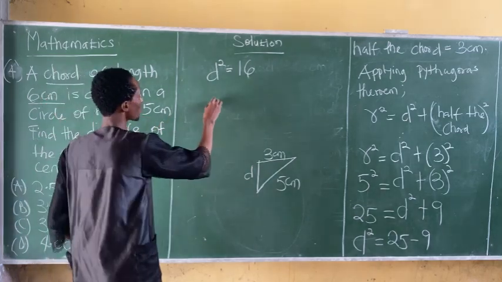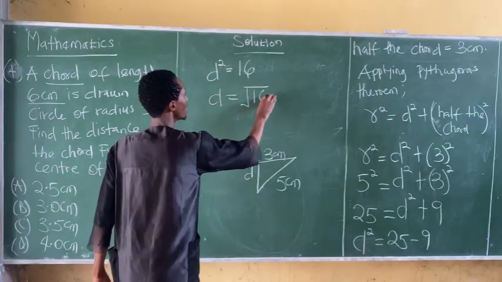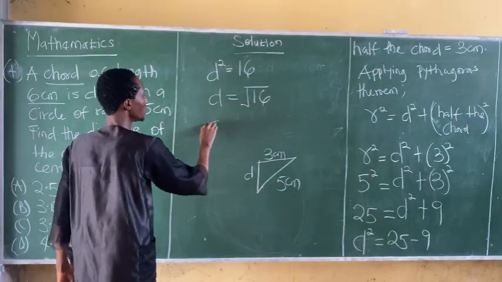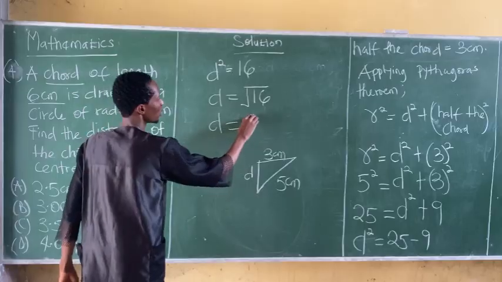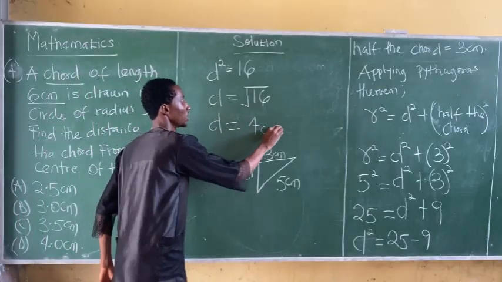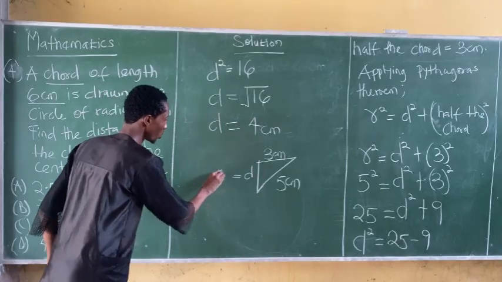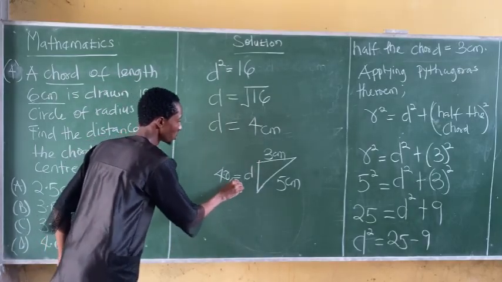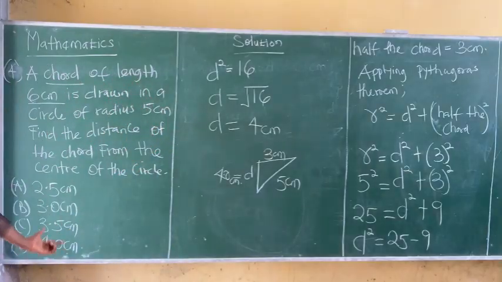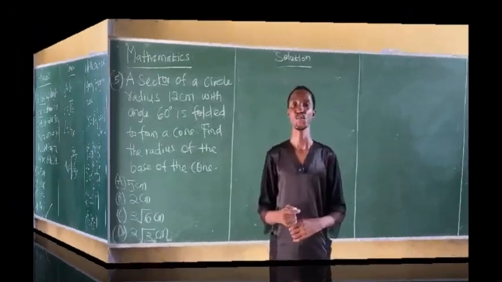If we do that, we have d is equal to the square root of what? 16. Square root of 16 will give us what? 4. The unit remains what? Centimeter. Therefore, this distance from here to here, d, is equal to 4.0 cm. Let's come to our options and pick the correct option. From the options here, the correct option is option D, 4.0.